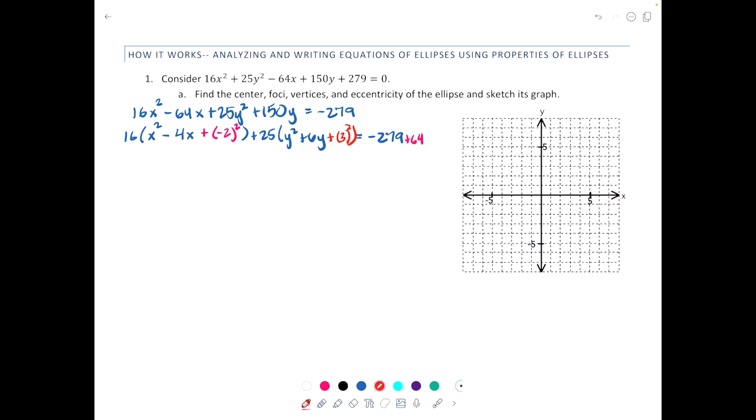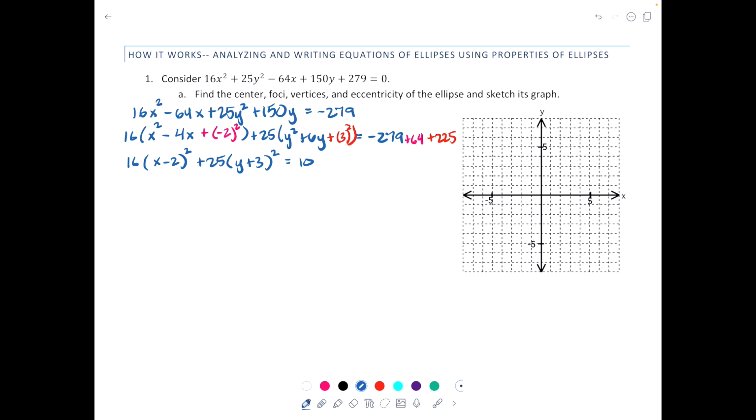So let's see, 8 25s is 200, so 9 25s would be 225. So then we'll have 16 times x minus 2, the quantity squared, plus 25 times y plus 3, the quantity squared. And when we combine the constants, we end up with 10.